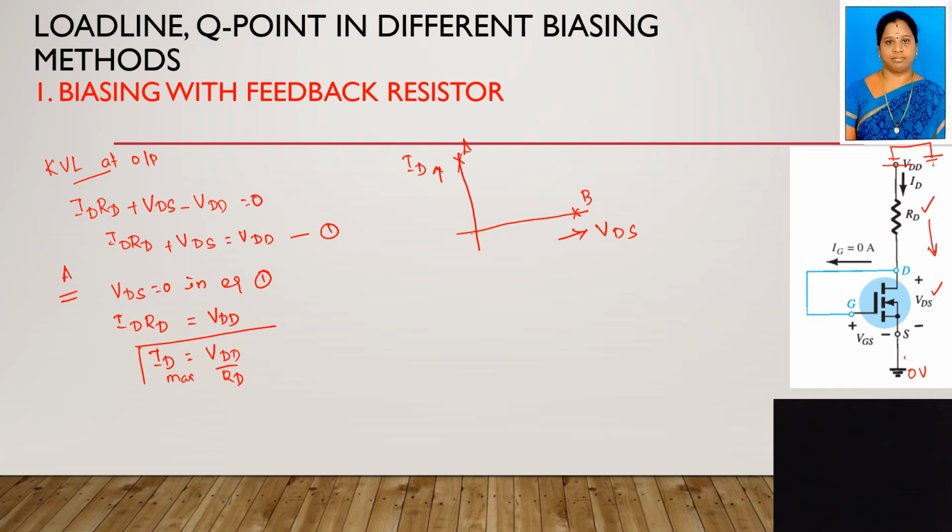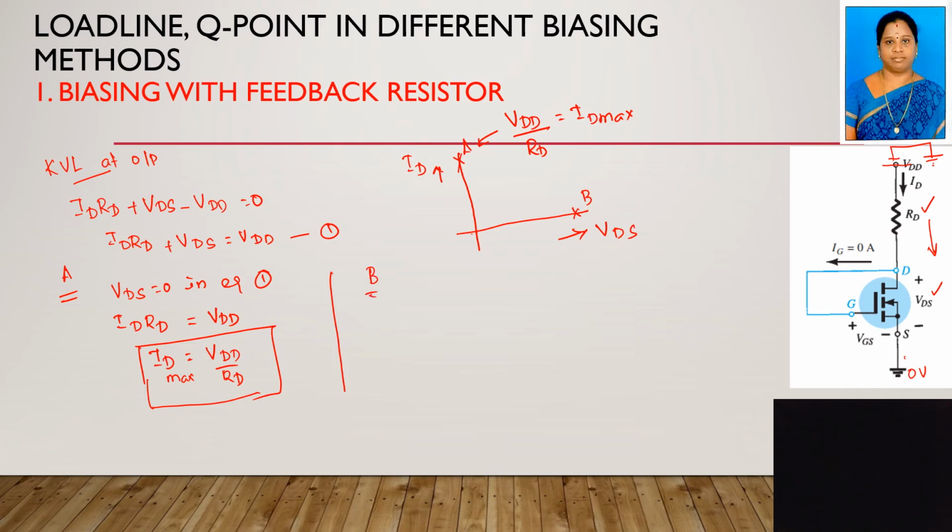This is the maximum current obtained from the circuit, right? So the point A is nothing but VDD by RD, which is the ID max, right?